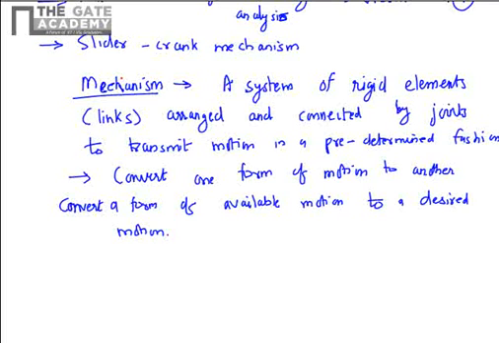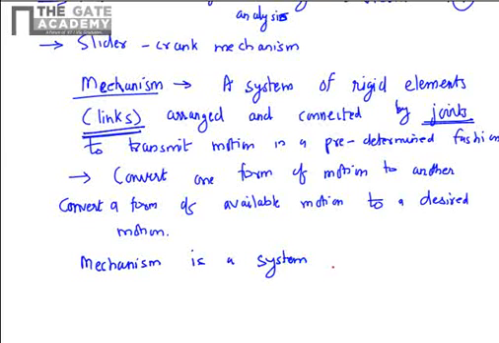Now, the basic building blocks of a mechanism, as you can see from this statement, are links and joints. So a mechanism is a system.